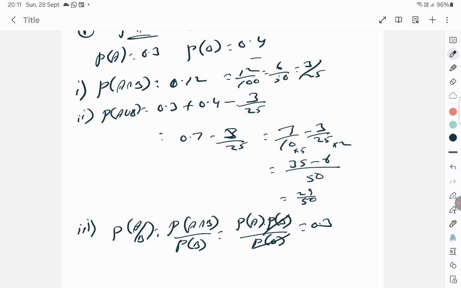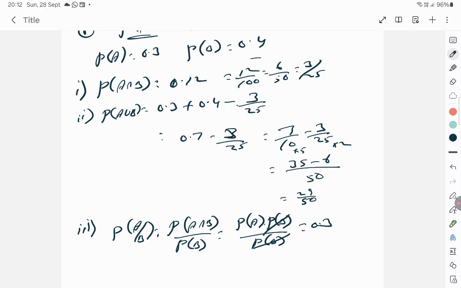Sum number 8. Let me check the book back answers for whatever I've written so far. First is 0.12, then the second one is 0.3 plus 0.4, and it seems okay.